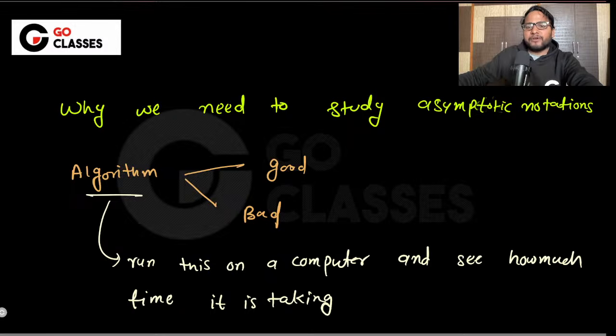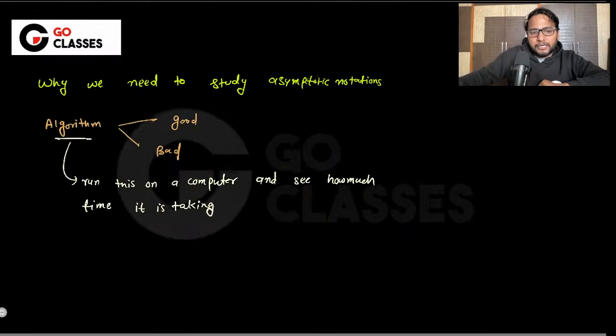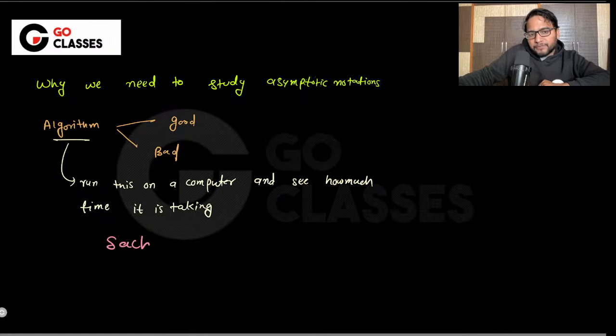Definitely that's not a very good way. Why is that the case? Because that can lead to different complexities. Let's suppose this is me and this is you, and we have different computers.